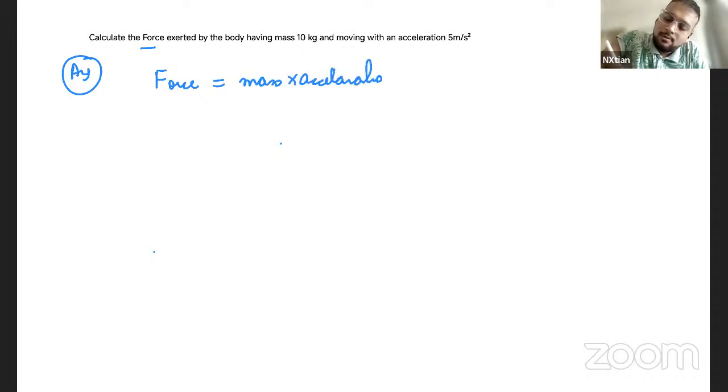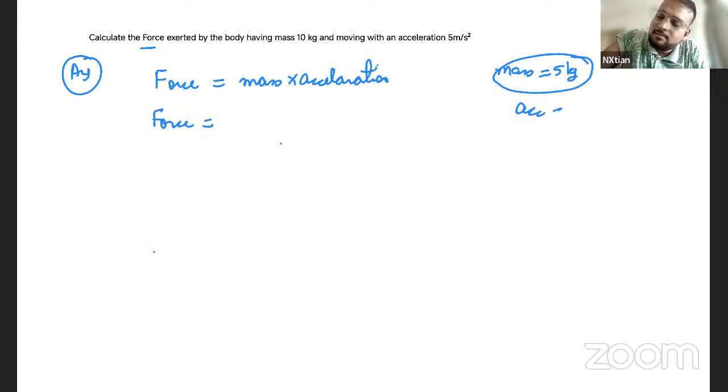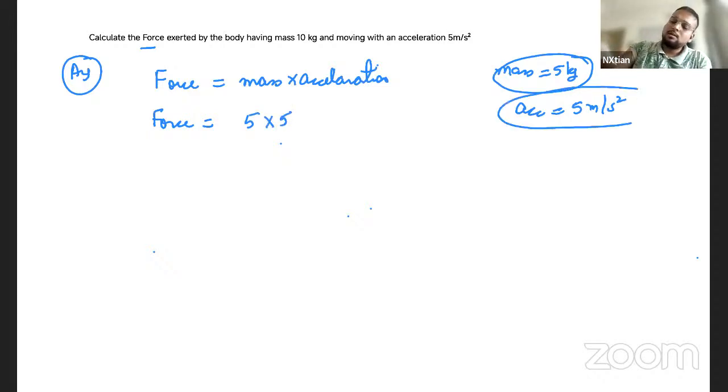Now, how much mass do I have? The mass is 5 kg and acceleration is 5 meter per second square. So 5 into 5, and the force will be 25 Newton.